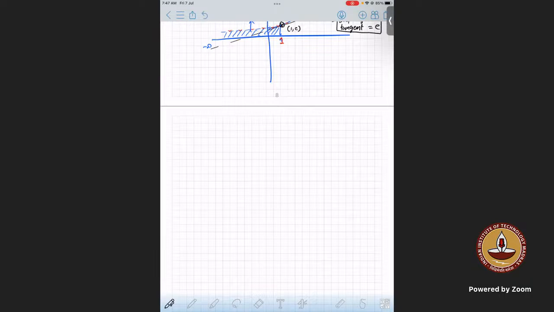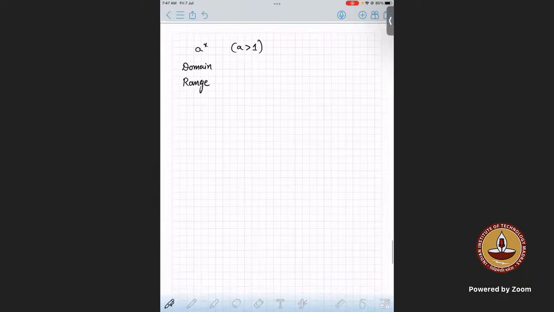Okay, before doing the example problem, let us do this. I want the domain and range. We have seen the function a power x with a greater than 1. I need the domain and range, and similarly for a power x when a is between 0 and 1, the domain and range.